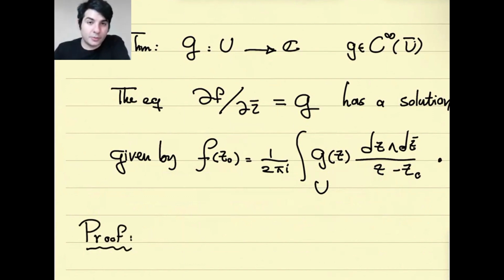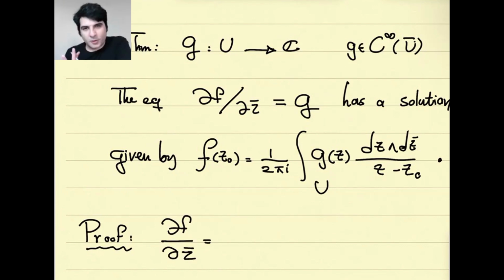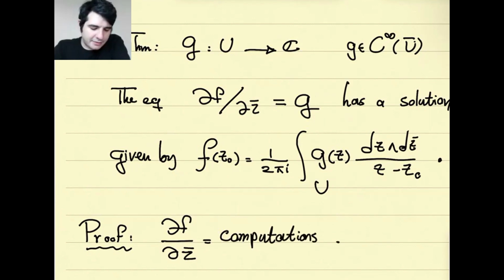Well, now that we have a formula, we want to just take the derivative of the formula we have, like we are plugging our solution into the equation. We do computations. And the hope is that after applying computations, we would really get g of z. So if we do that, then we are done. That's what we want to do, and that's what we would be doing in the next part of this lecture.